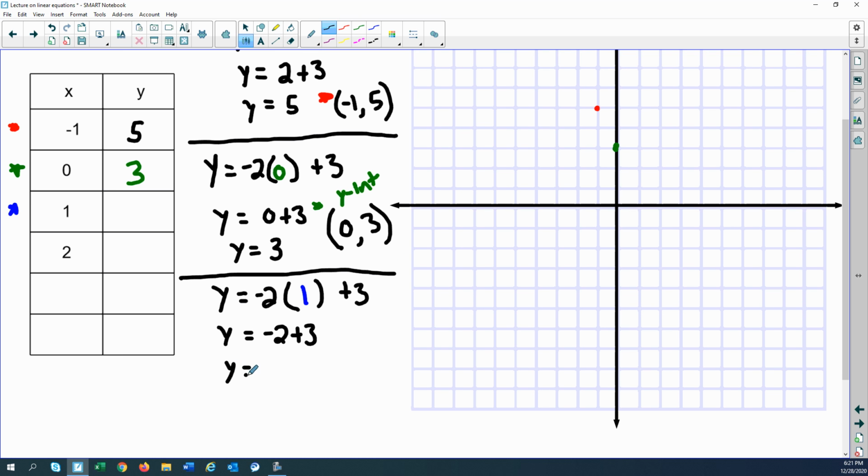So y equals 1, so I have the ordered pair, 1 from my x, comma, 1. So (1, 1).